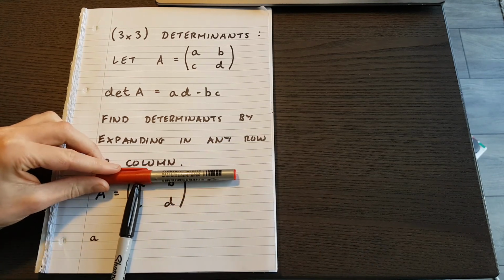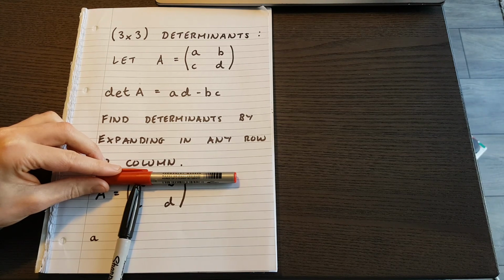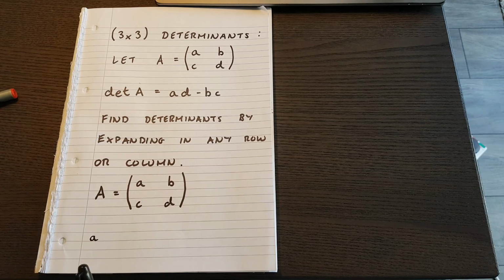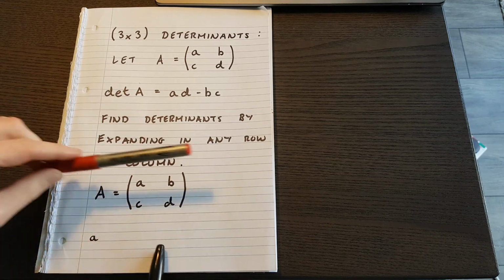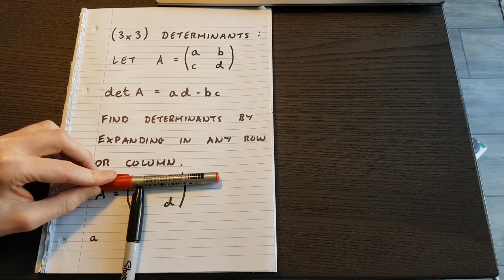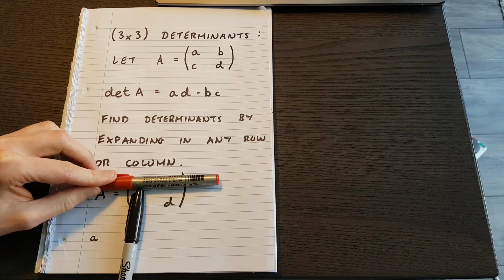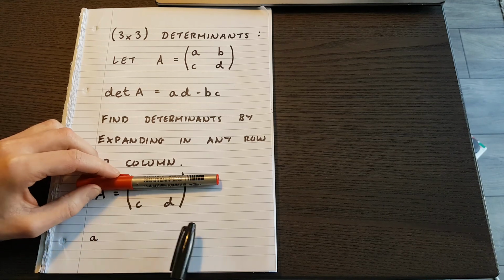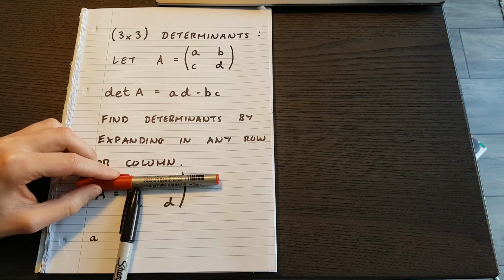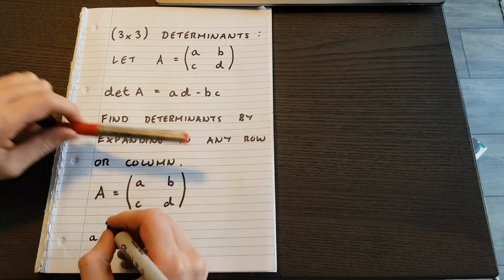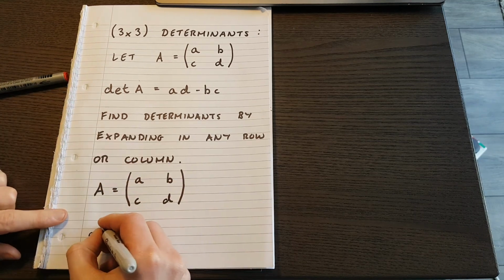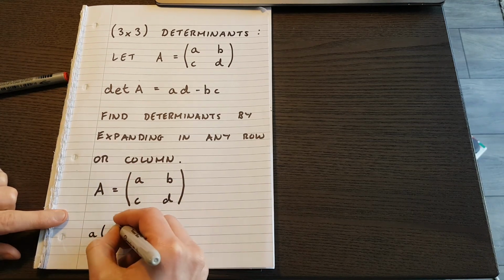So you can see that I only have the number D there. I'm going to multiply A by the determinant of the 1 by 1 matrix that is left when I delete the row and the column. So I have A multiplied by D.